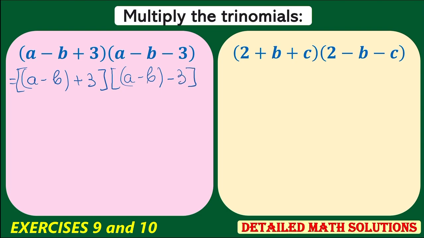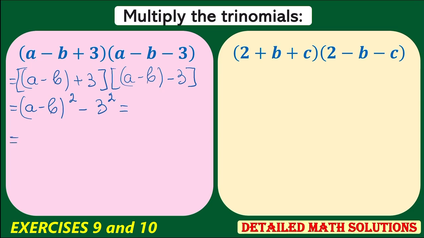This way, a minus b will be the first term in the formula for sum and difference of the same terms, and 3 will be the second term. And when I apply the formula, this equals a minus b in parentheses squared minus 3 squared.